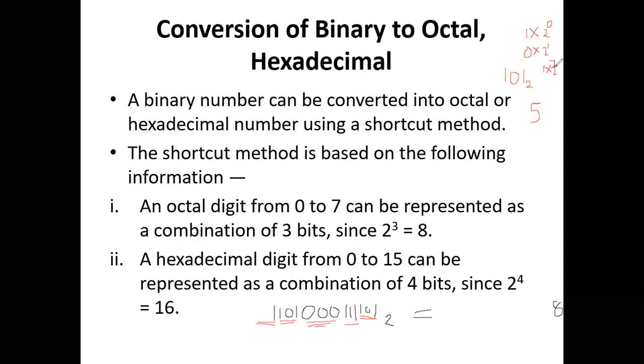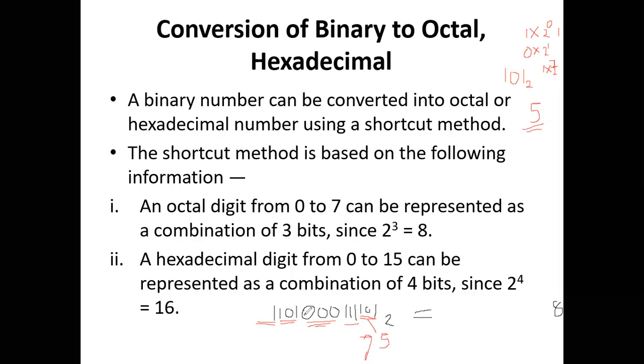So this would be 1 multiplied by 1 is 1. 0 multiplied by 2 is 0. 1 multiplied by 2 squared, that's 4. So 1 plus 4 gives 5. So this will be a 5. When you convert 111 in base 2 to base 10, you get the position value, it will give you 7.